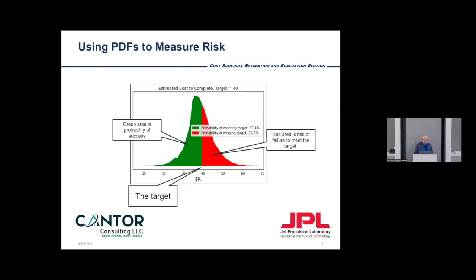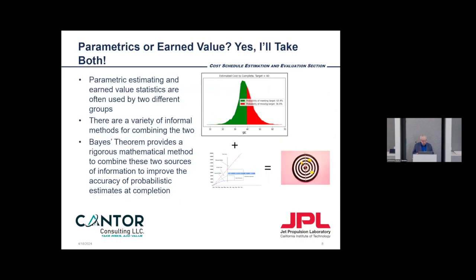The red area is the percent probability that you're going to miss your target, and you want to be tracking these probability distributions as you proceed.